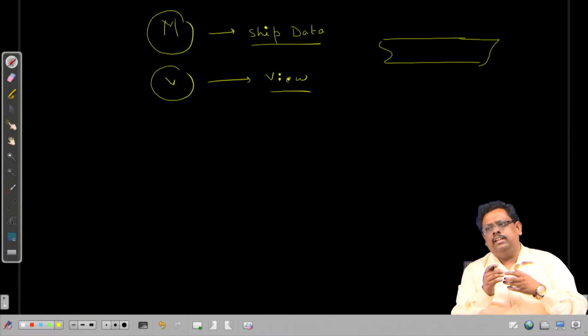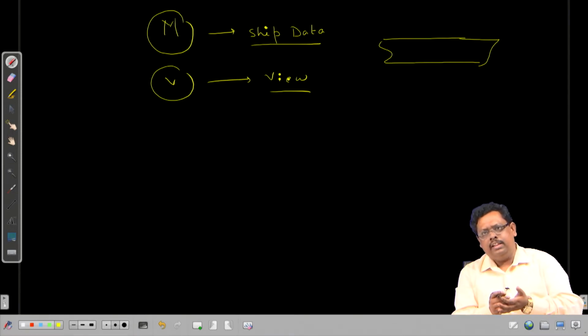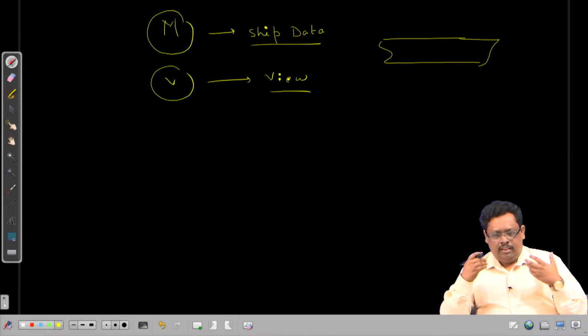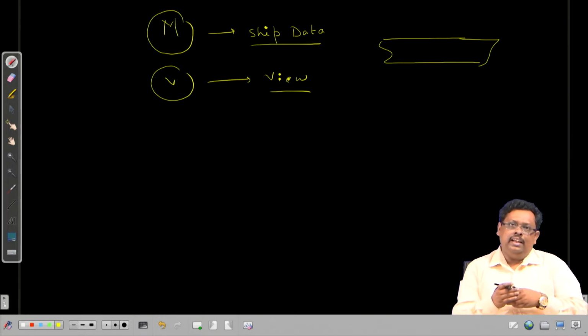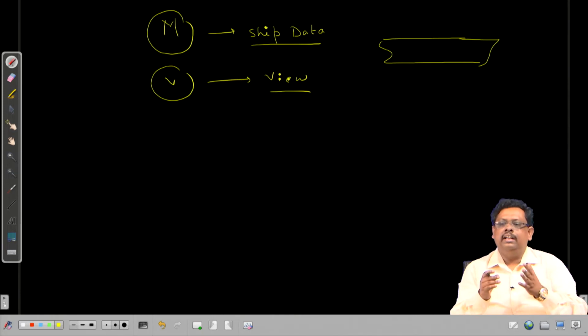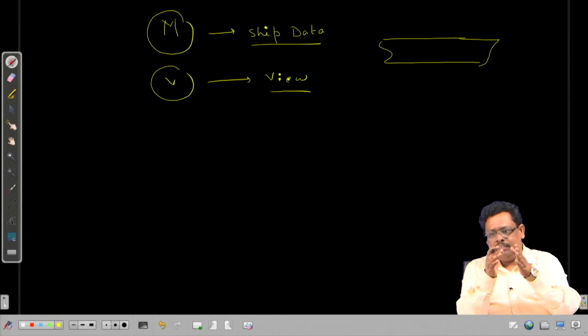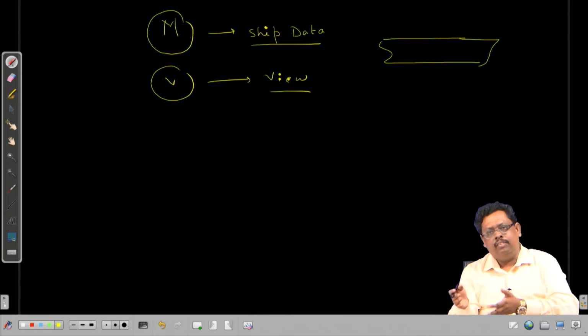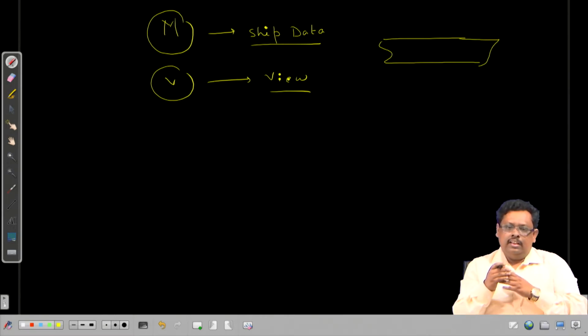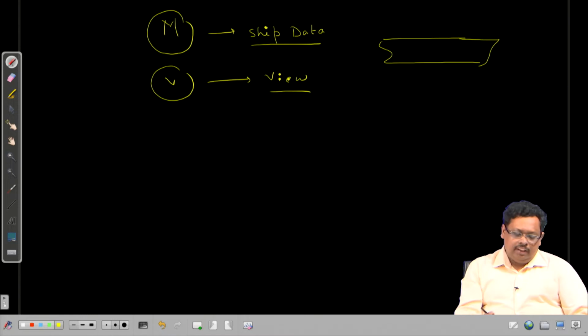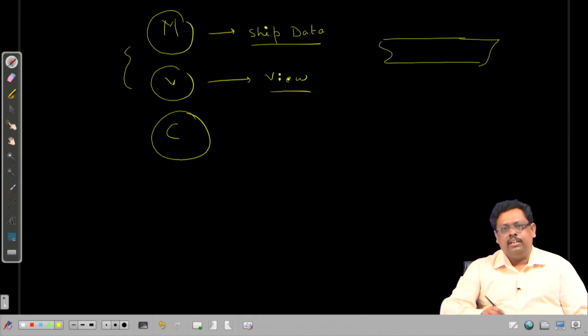If the user wants, I can give back the data in a mathematical form, in an Excel file or some tabular form. So the view is how we show the data to the end user, and these two we control through the controller.